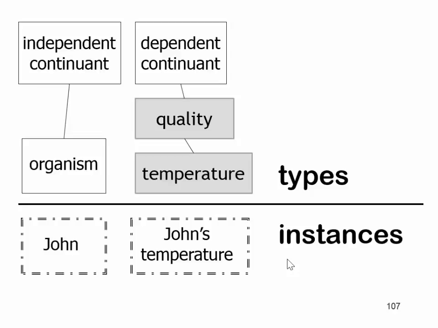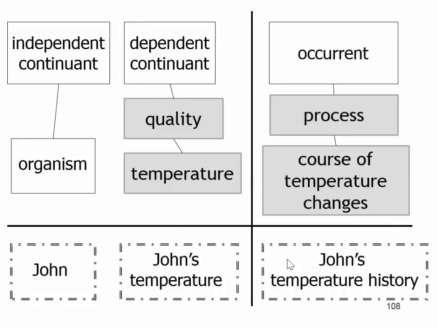And similarly, John's life is dependent upon John and on John's temperature and on all the other qualities of John, which are involved in the course of his life, which is a process which is an occurrent in BFO terms.